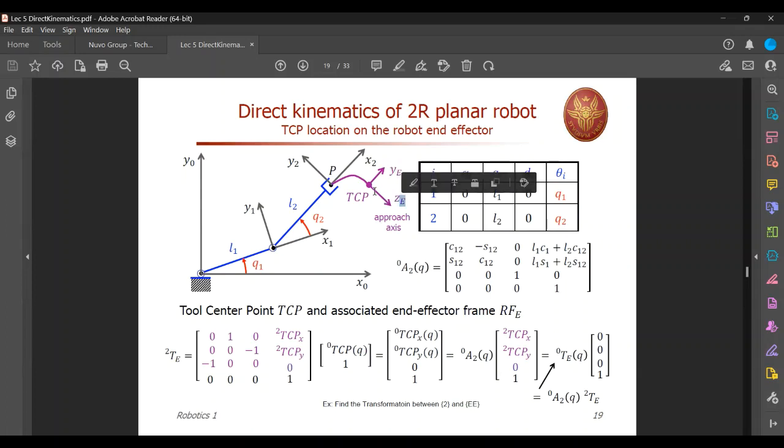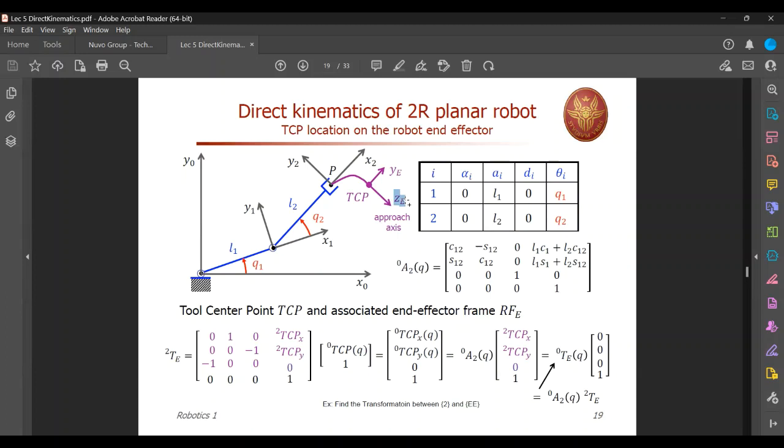Now you are moving along Z-axis, along Y-axis, some certain distances, right? Not along X2 or Y2, right? But along YE and ZE, right? You are moving along YE and ZE.